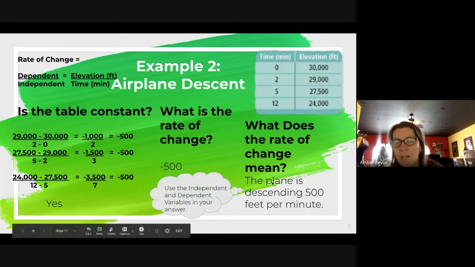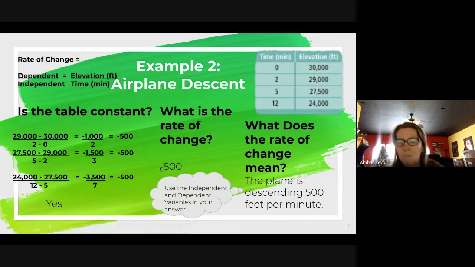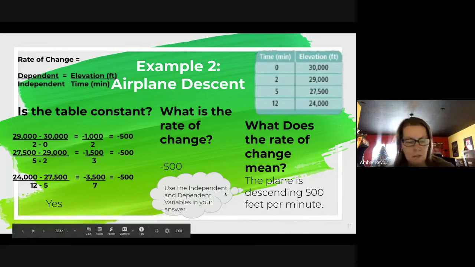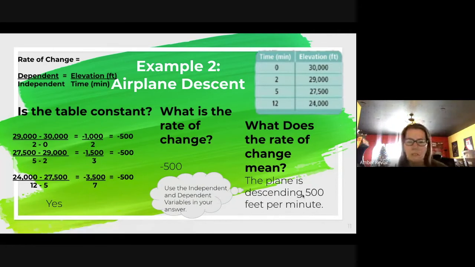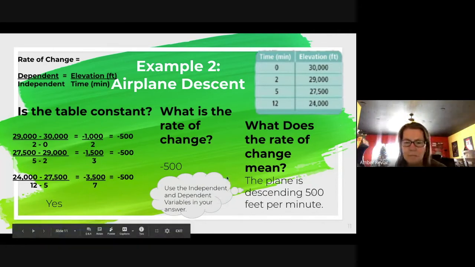Descending means going down. Other times when you have a negative, decreasing might be the word you're using. When your rate of change is negative, you're decreasing, subtracting, descending, one of those types of words.